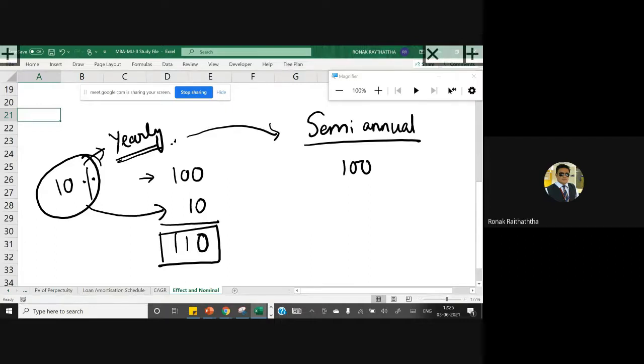Now I'll have to divide the rate by 2 because there are 2 semi-annual periods in a year, right? So 6 monthly interest will be calculated at 5%. So for the first 6 months, 5 rupees is credited in your account. So at the end of the first 6 months, your money is 105.